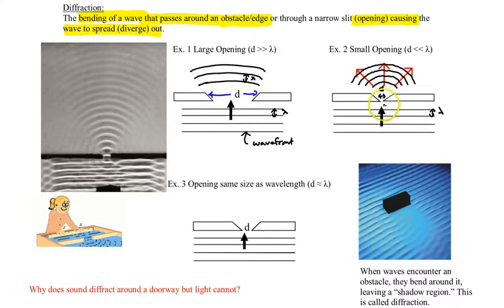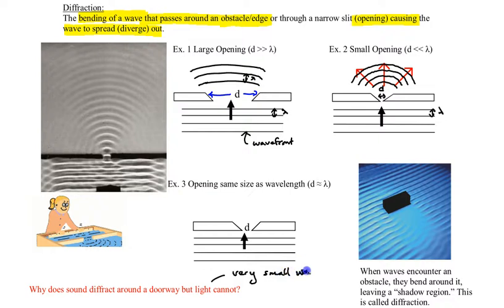So the opening size is important, that distance and the wavelength, that comparison. If the opening size is quite large compared to the wavelength of the wave, then you don't get any diffraction really. And with light, for example, light has a very small wavelength.